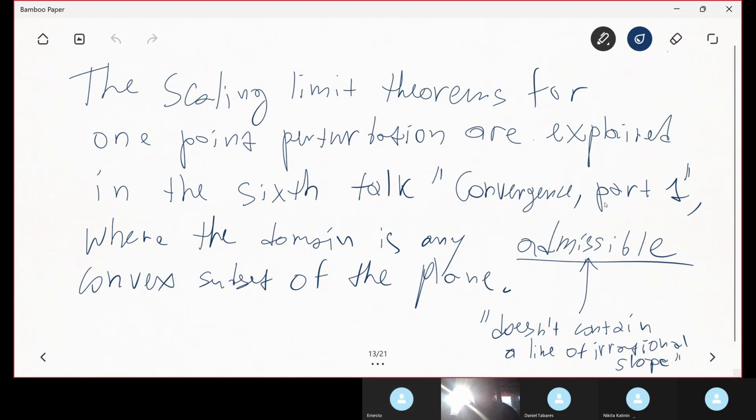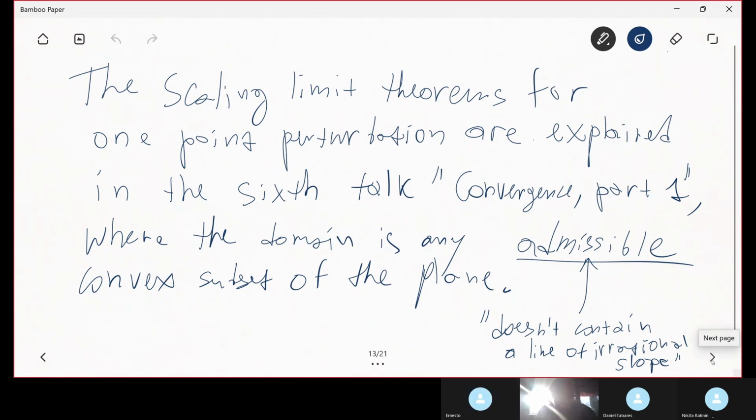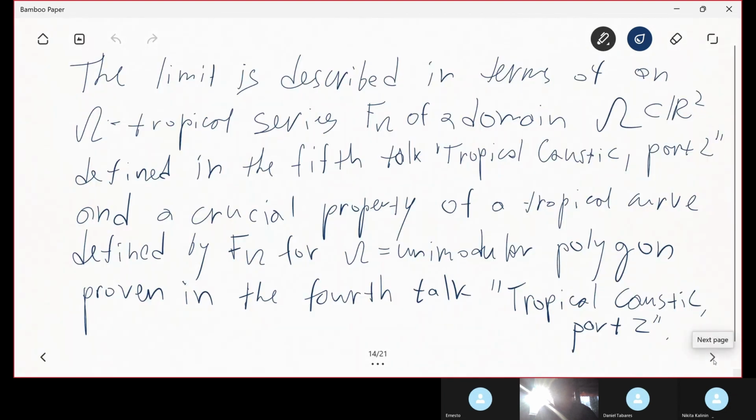3 versions of the scaling limit theorem relating the limiting shape to some very specific tropical curves and the polynomials that define them. Okay. So next, the limit is defined in terms of omega tropical series.